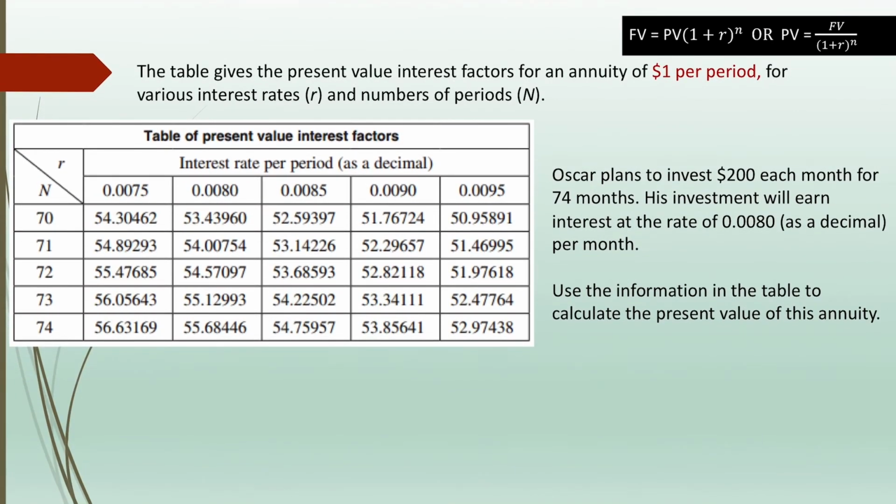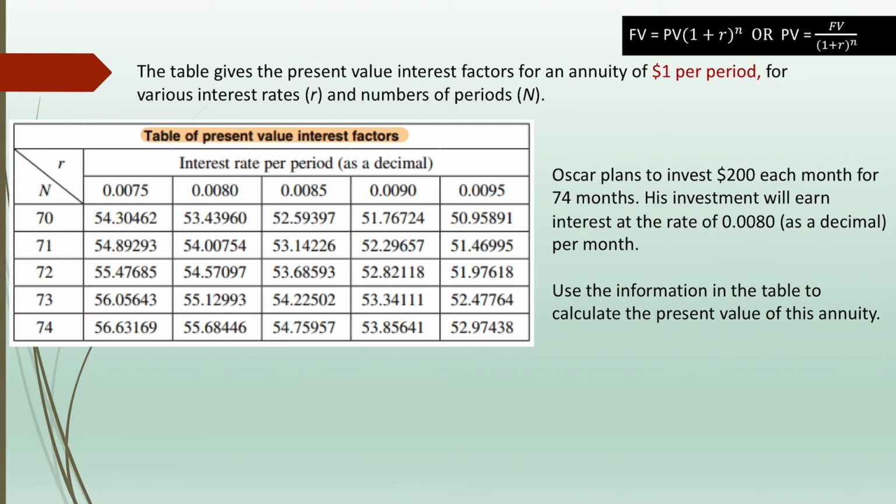Let's look at an example. The table gives the present value interest factors for an annuity of $1 per period for various interest rates and numbers of periods. So we've got a table here looking similar to the future value table, except that it's clearly labelled that it's a present value interest factors table.